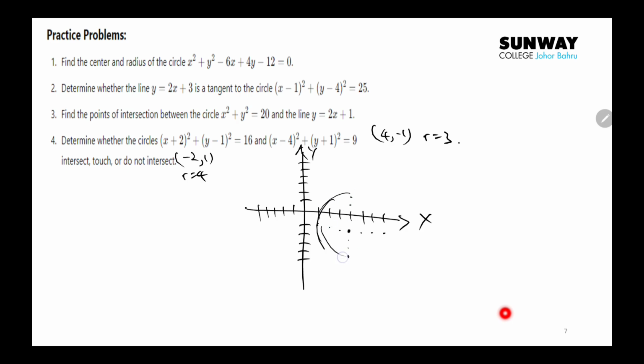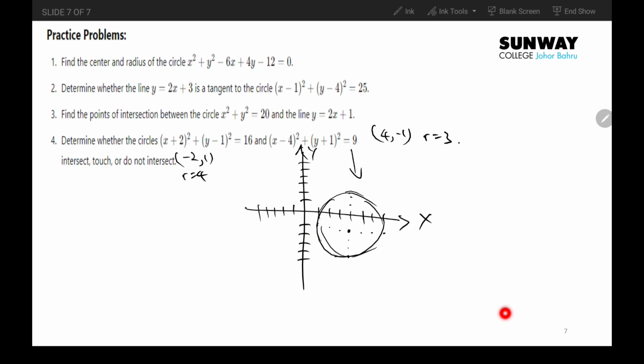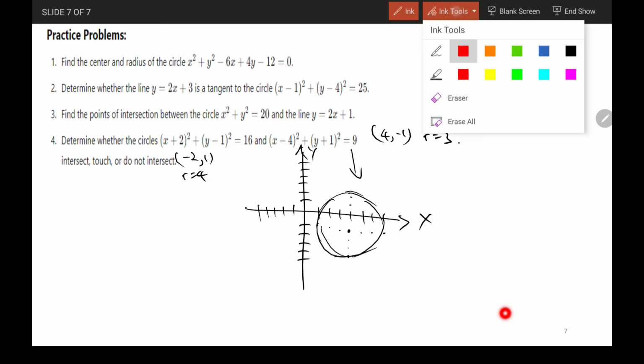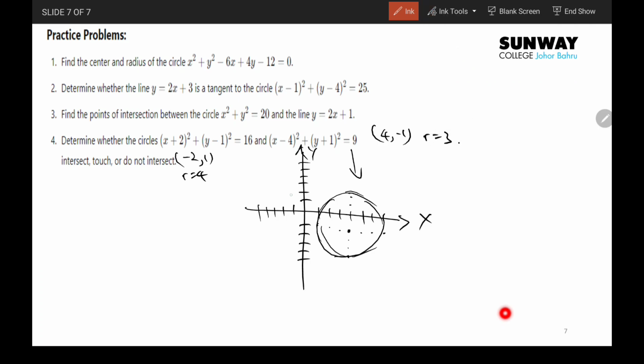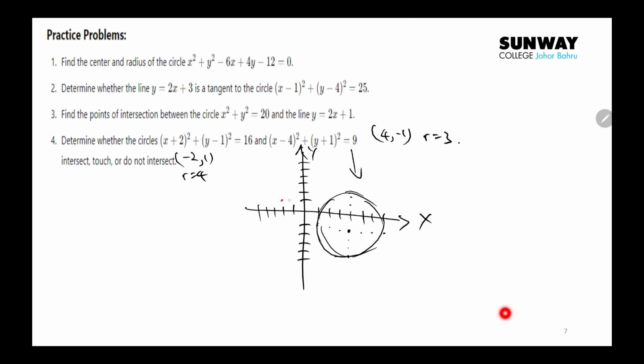Okay, so you have a circle that looks like this. This is this particular circle, and we use a different color to represent the other one. Negative 2 and 1.